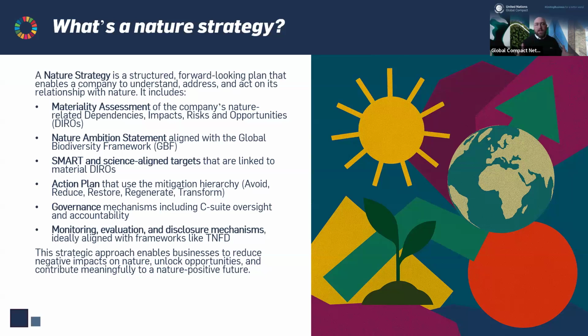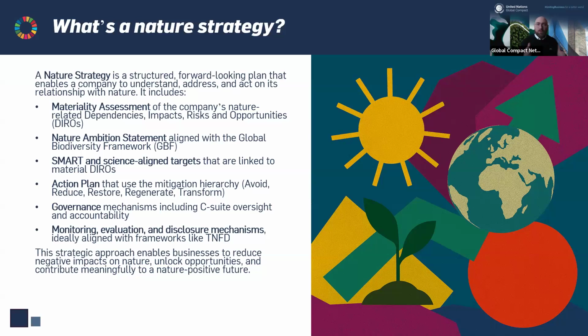And again, the idea of a strategy is to have a structured, forward-looking plan that enables a company to understand, but also act on the risks, dependencies, impacts, and opportunities related to nature. So the basis is, of course, the materiality assessment, to understand dependencies, impacts, risks, and opportunities, or shortly DIROs.